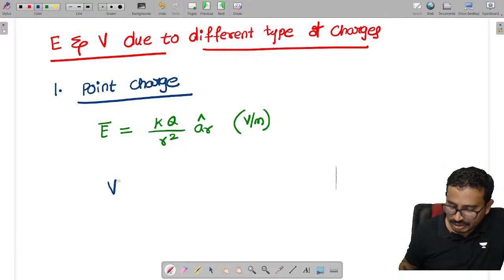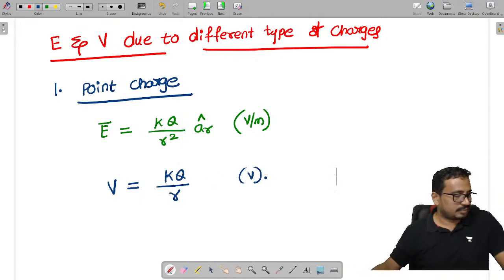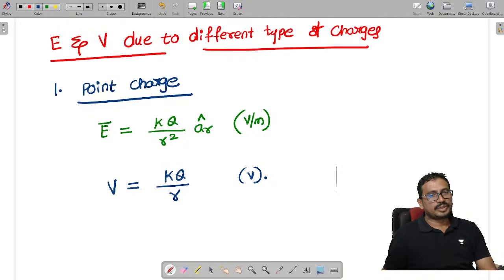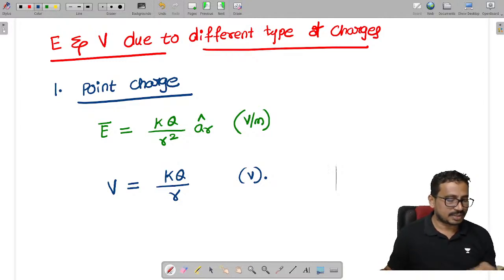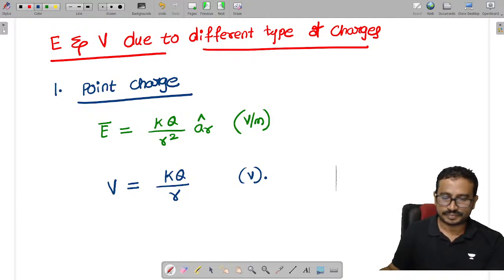And the potential, which is a scalar quantity, is given as KQ by R, with units of volts.